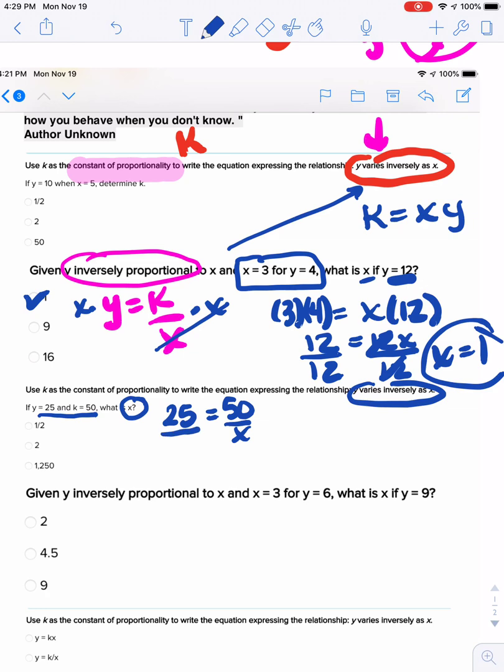So I would put this 25 over 1 and then cross multiply. So in this direction, 25 times x is 25x. And if I go in the other direction, it's 1 times 50, which is 50. So to get x by itself, I would just have to divide both sides by 25. So I get x equals 2.